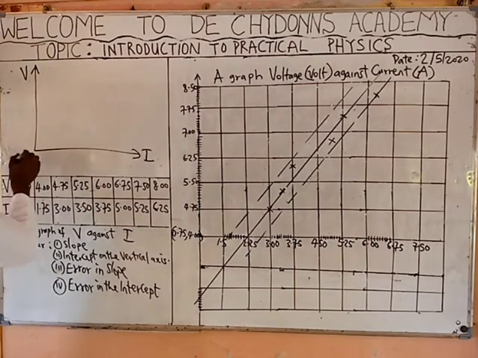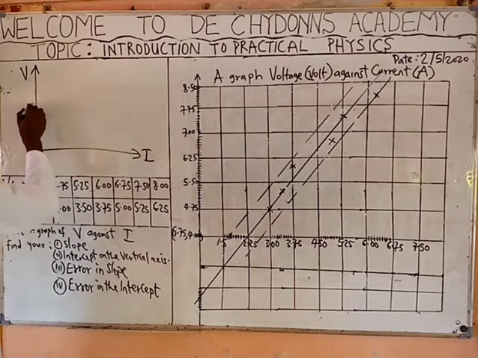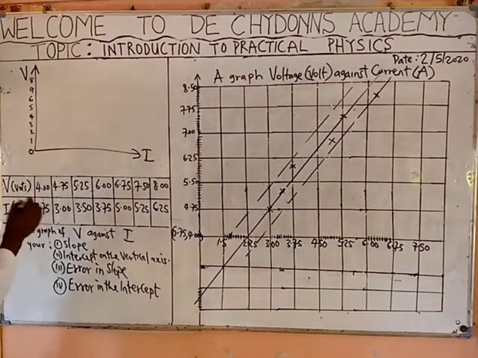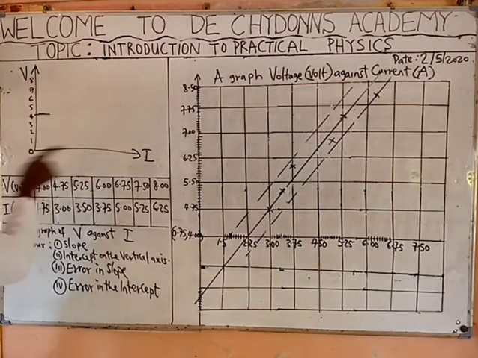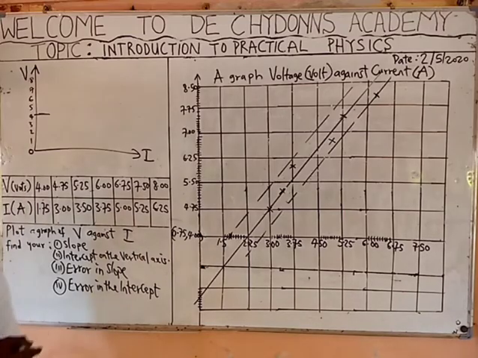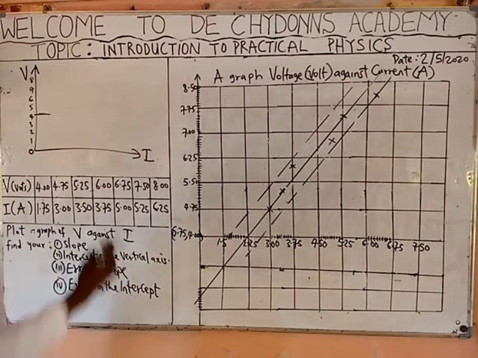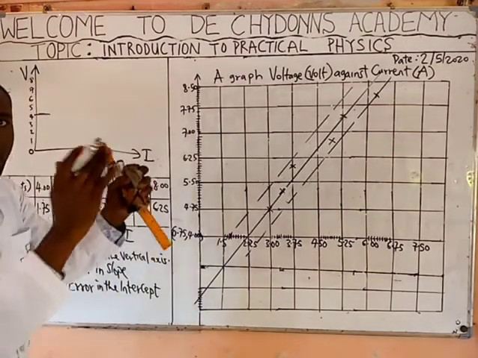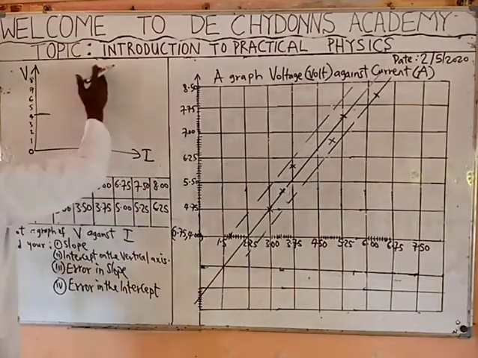If I start saying 0, 1, 2, 3, 4, 5, 6, 7, 8, you will see that I will jump all this line and start from this point to start plotting my graph. You just wasted all these spaces, and it may also make your graph or your points to be squeezed, not well separated.